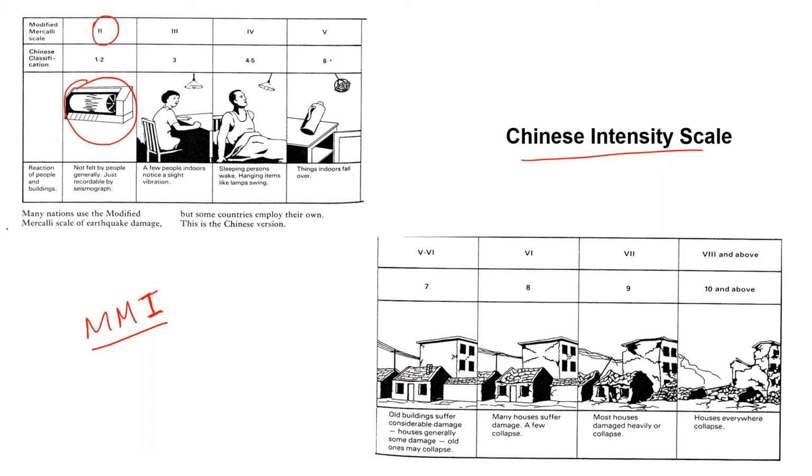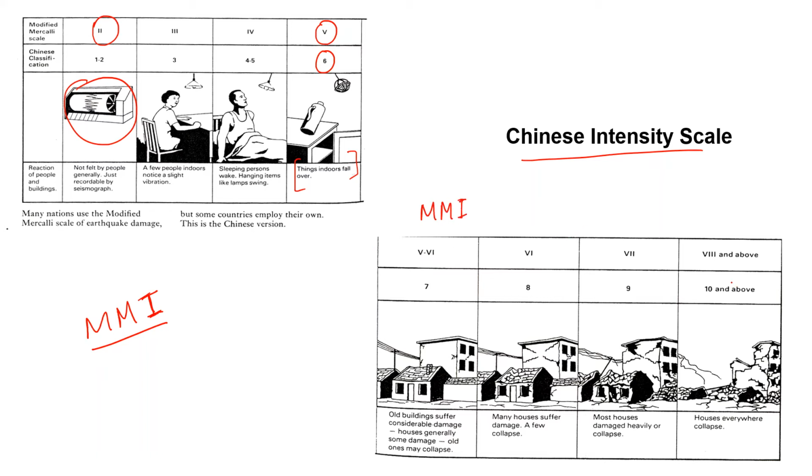Similarly, for some other descriptions, an MMI of 5 means the Chinese classification will give it a number equal to 6, and the observation would be that things indoors fall over. So from MMI 5 onwards, you will start having structural damage.